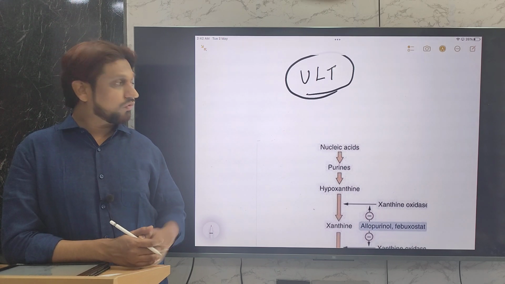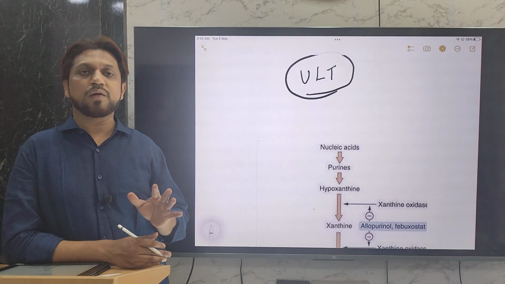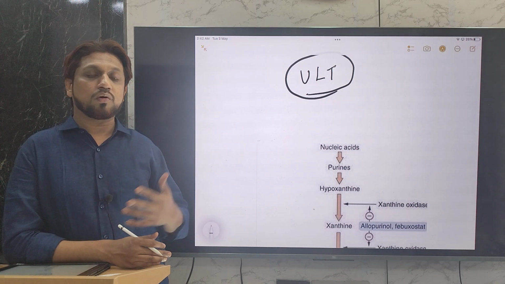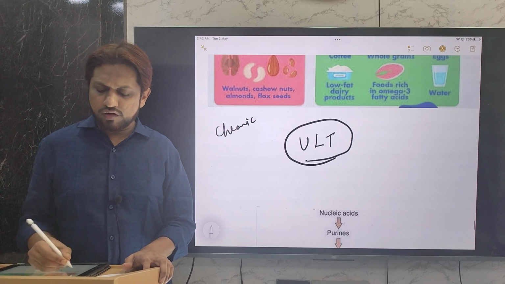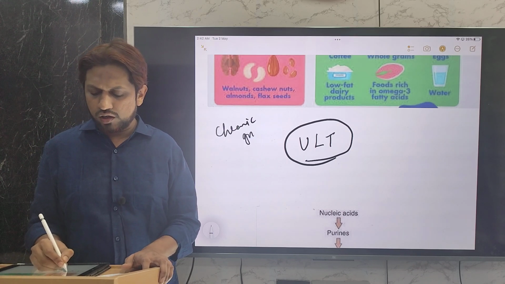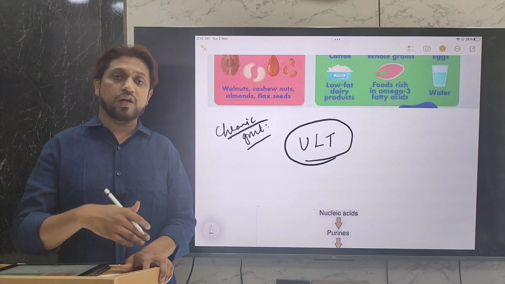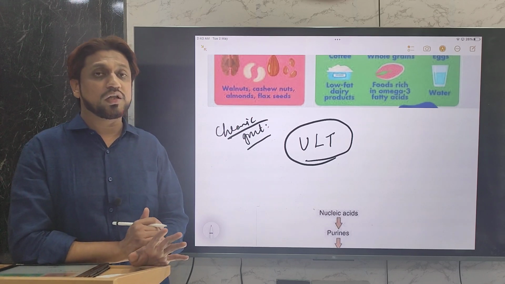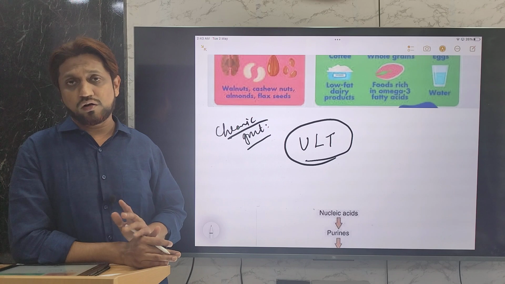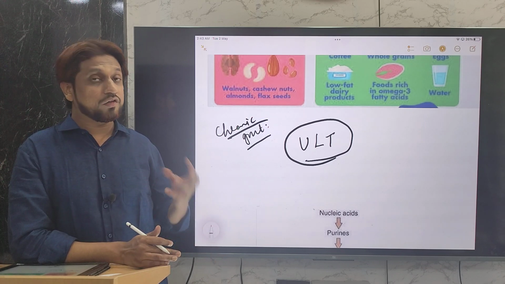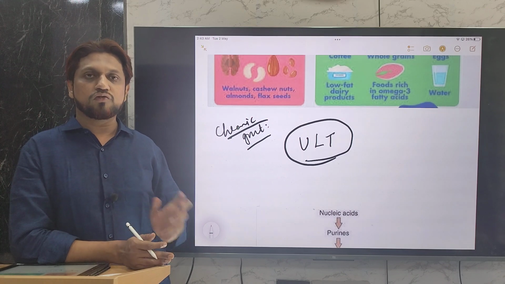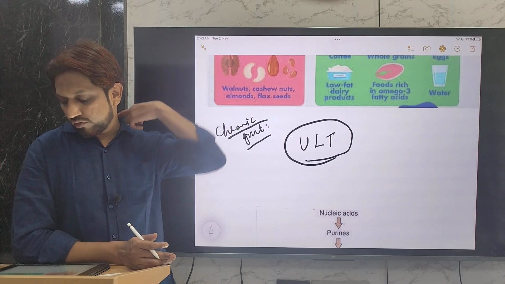They are to be given only to patients in whom there is chronic gout, that is gout not relieved even after lifestyle changes, and there is hyperuricemia for a longer time, and it is causing deformity of the joints, or if the gouty flares occur more than 1 or 2 times, or it is causing renal stones, that is uric acid stones, then we should give urate lowering therapy.